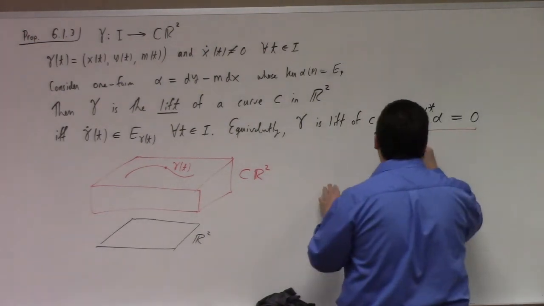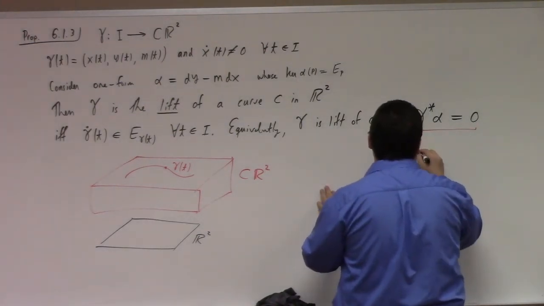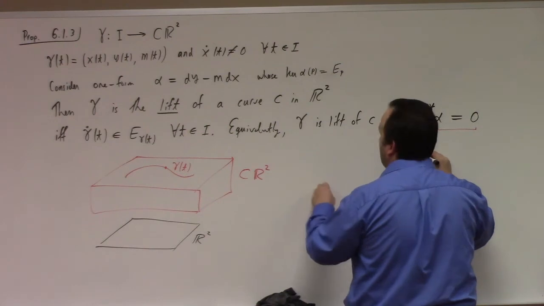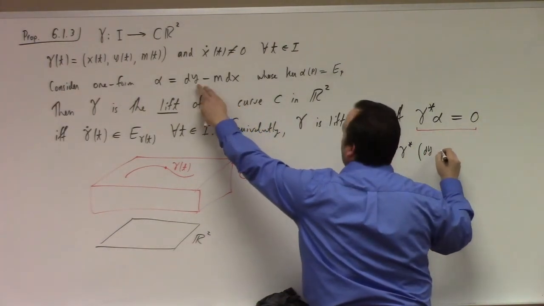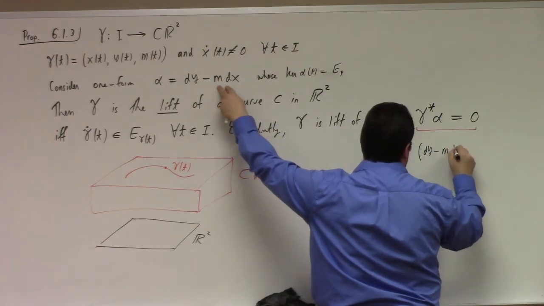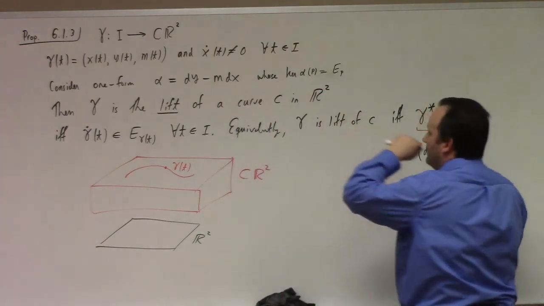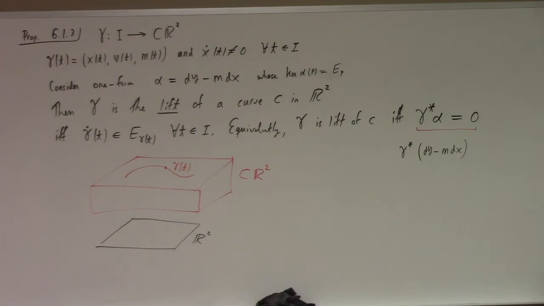We're looking at the pullback under gamma of what? Of dy, right? Minus m dx, right? How do we actually do that calculation?